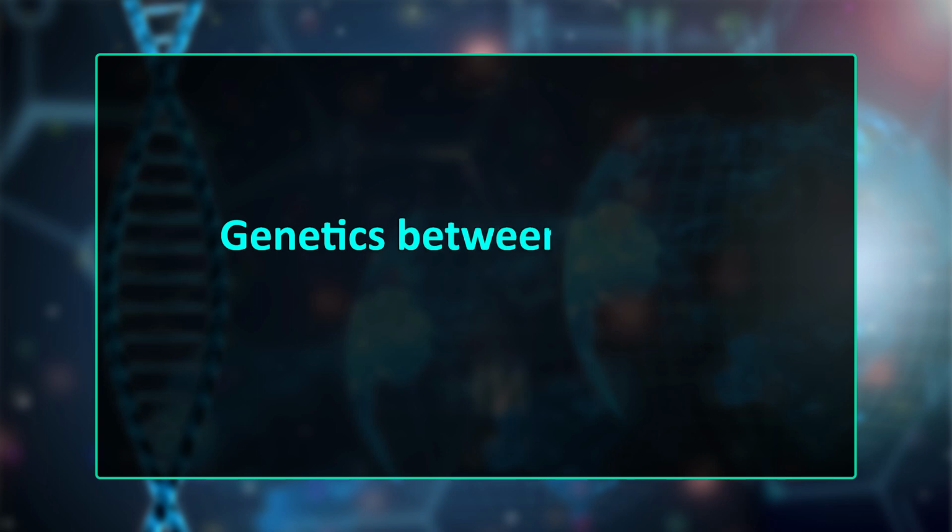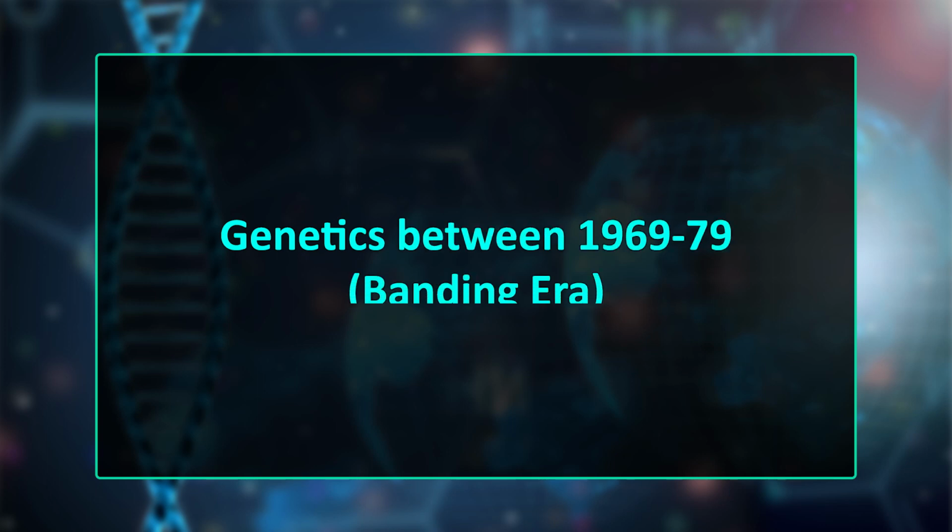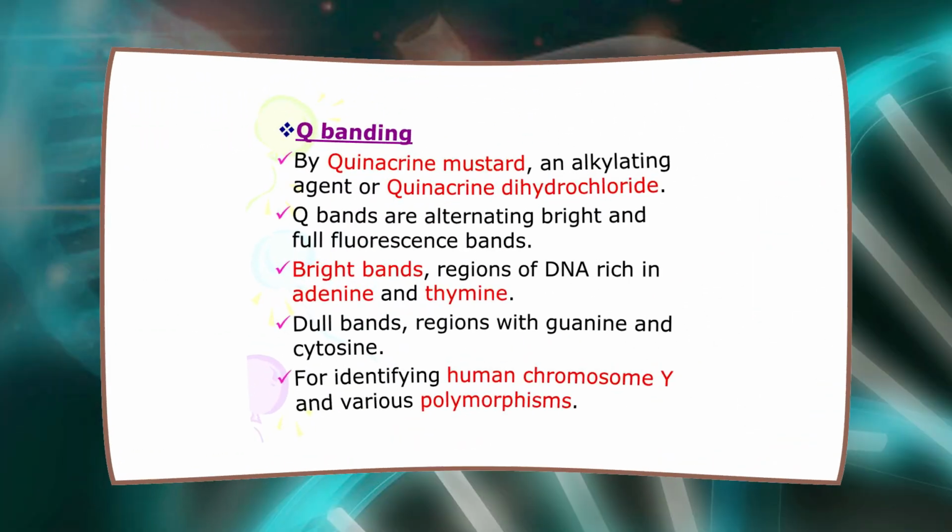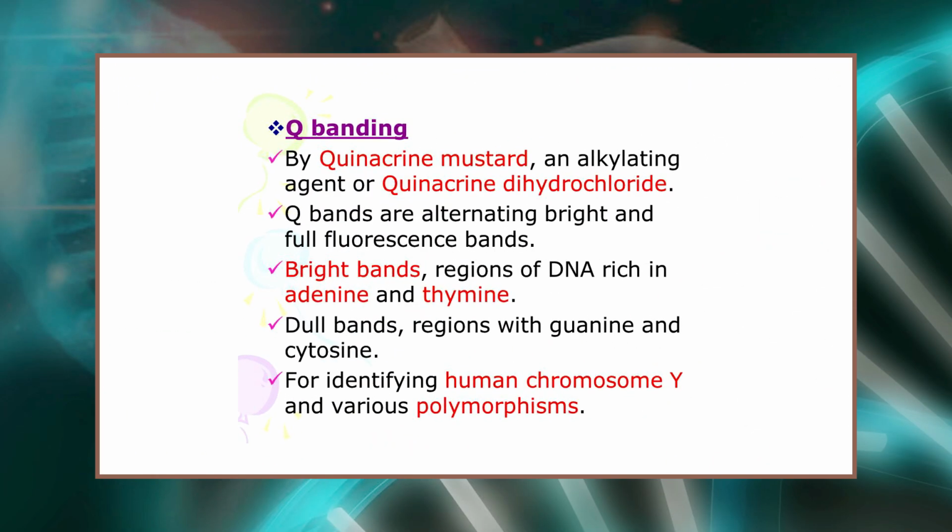Now let us discuss the fourth, that is the genetics between 1969 and 79 that we call the banding era. During this period, 2 techniques revolutionized the study of human chromosomes. The first was a report of Caspersson and his associates in 1970 that certain fluorescent derivatives of quinacrine bound differently to different parts of chromosomes, called Q-banding.